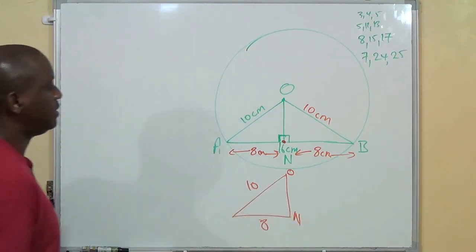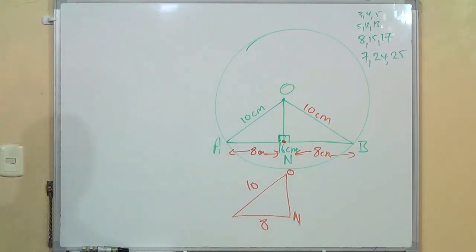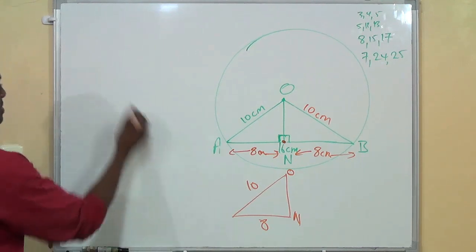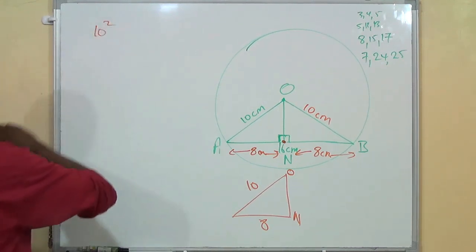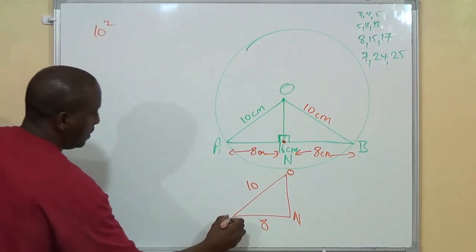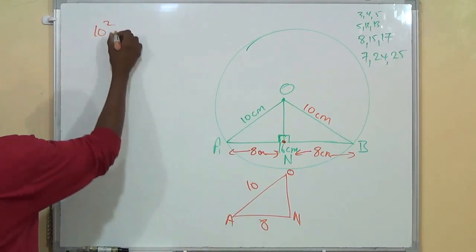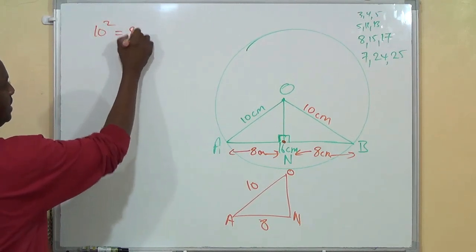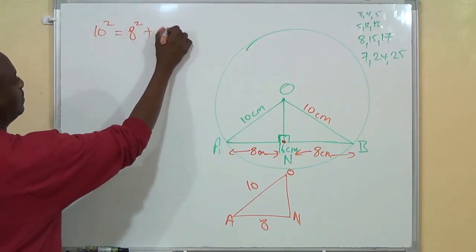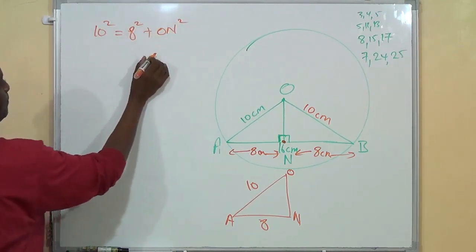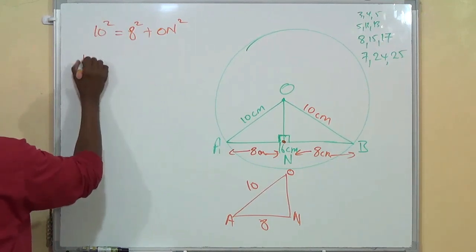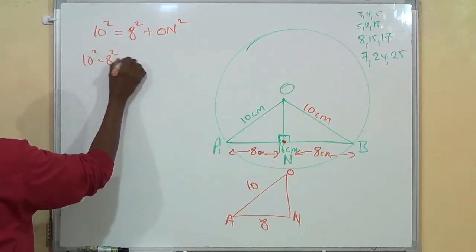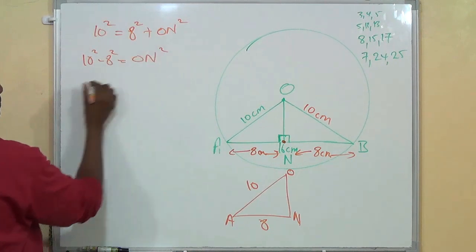So let me just do it the long way. You'll see why it's the long way just now. By Pythagoras theorem, we know that the square of the hypotenuse, right, the OA of course would be the hypotenuse, is equal to the sum of the squares of the other two sides. So 10 squared will be 8 squared plus ON squared. So we're trying to find ON. So 10 squared minus 8 squared will be ON squared.